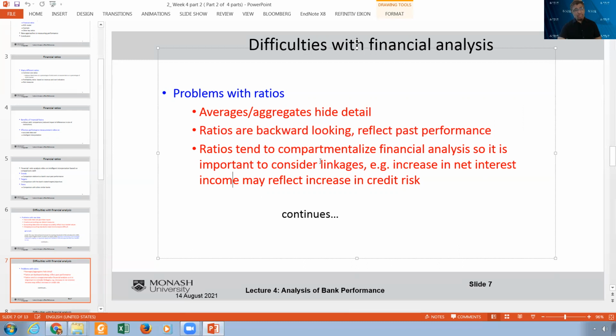compartmentalize? Compartmentalize means you go and you study, for example, the common ratios, and you calculate the activity ratios. Activity ratios, for example, the turnover, asset turnover, which means sales over the total assets, and then you have any other turnovers for the activity.